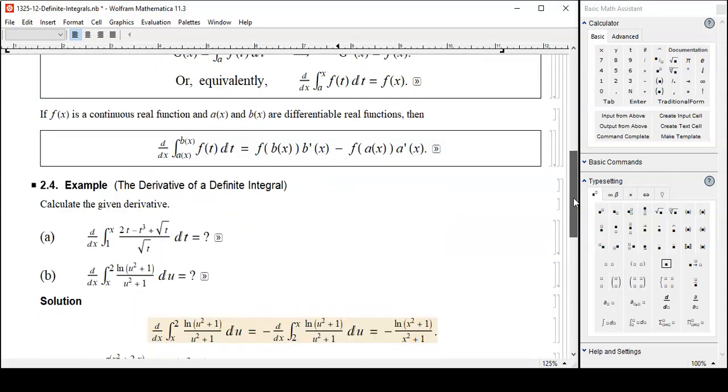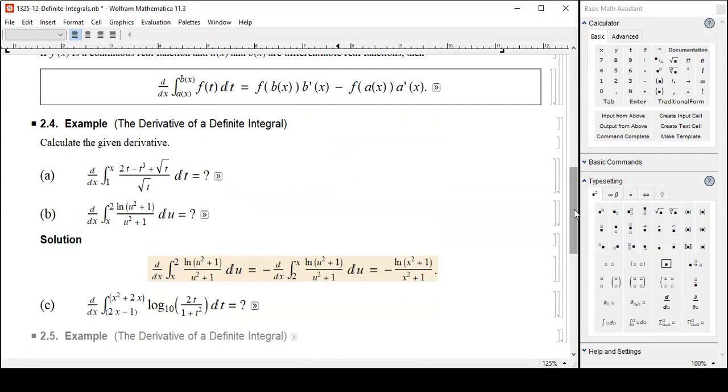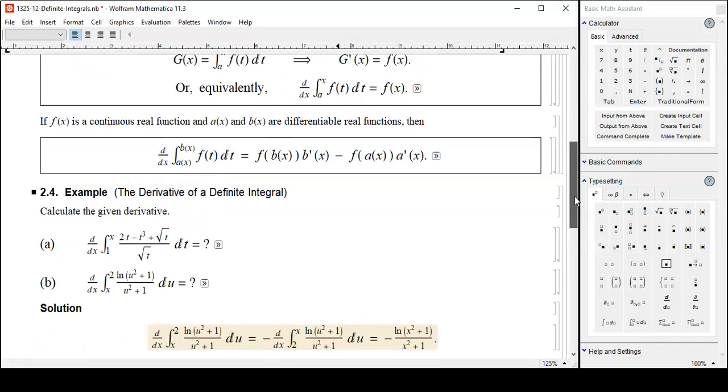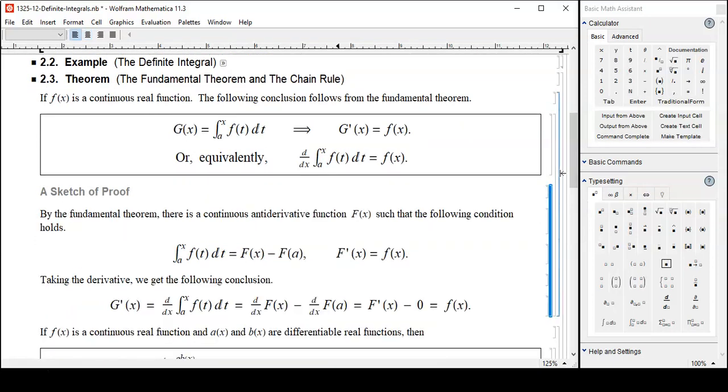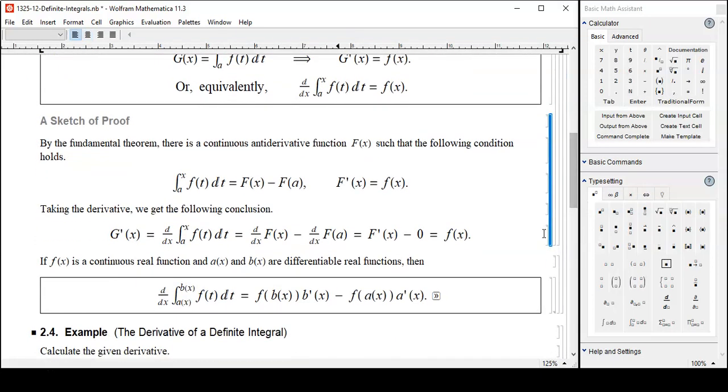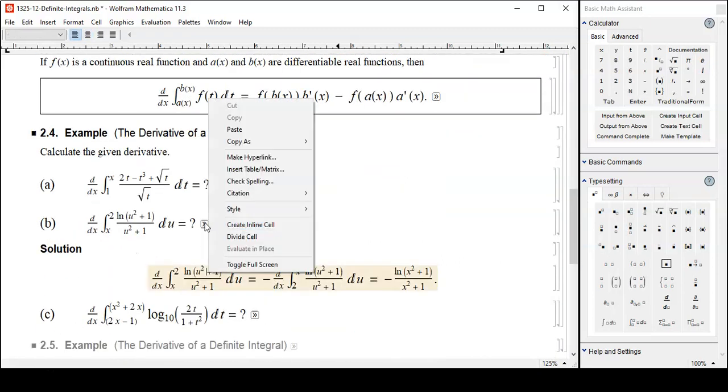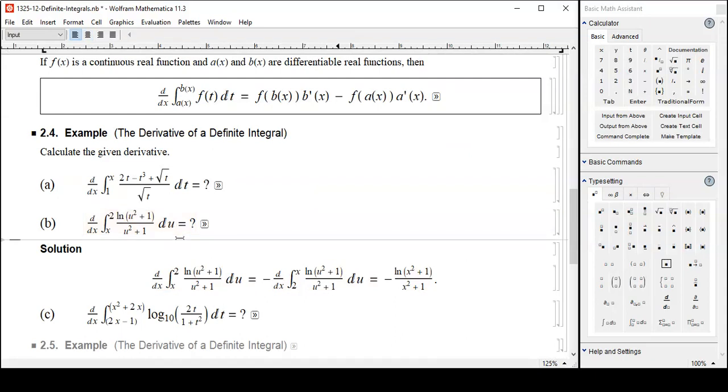If you're interested in the proof, let's go back here. If you have, okay, let's copy and paste it here.